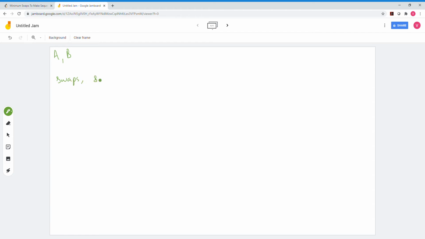So swaps of I basically represents the cost to make both the arrays strictly increasing until the ith index, I included, and there will be a swap at the ith index, that is A of I and B of I will be swapped.